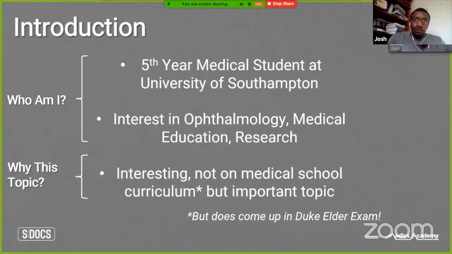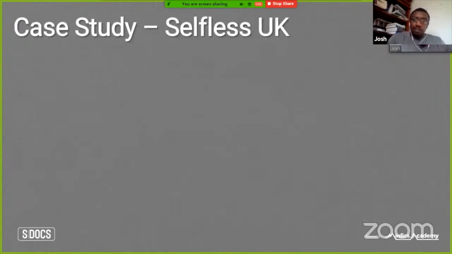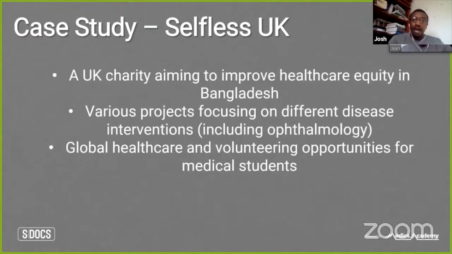Okay, so in this case study, we'll look at the charity Selfless UK. It's a UK charity aiming to improve healthcare equity in Bangladesh. It does various projects focusing on different disease interventions, including ophthalmology, but not limited to ophthalmology. They also do many other things, as you'll see in the video. And also, it's a really good case study because it provides opportunities in global health, volunteering, leadership programs for medical students.